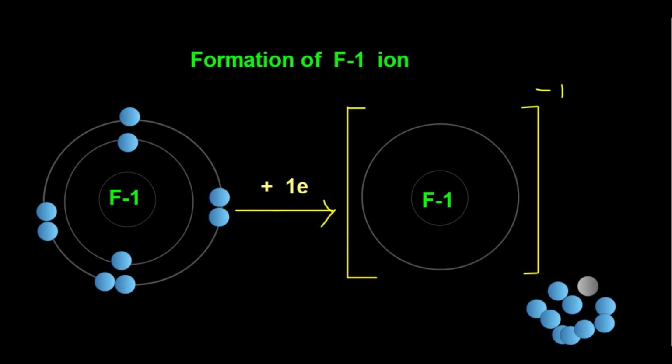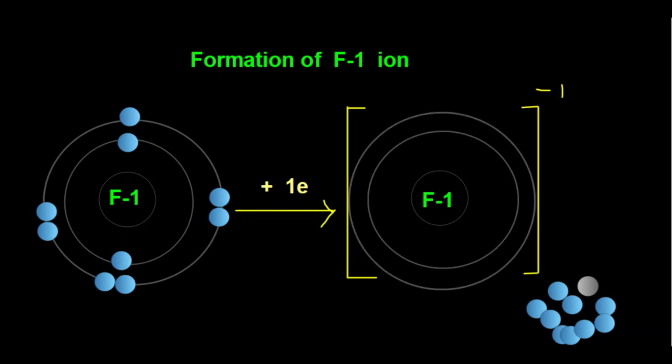We will make the electron dot structure for the fluoride ion. We will write 2 electrons in the K shell of the fluoride ion: 1, 2.